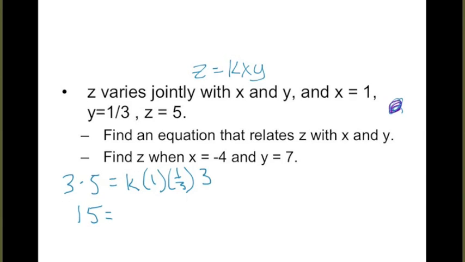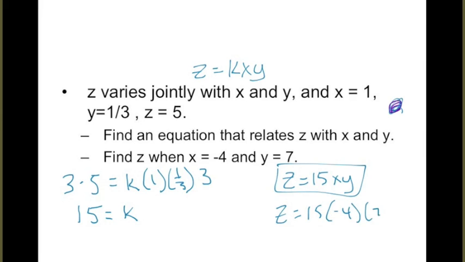And that gives me 15 is equal to 1k, or 15 is just equal to k. So then our equation is that z is equal to 15xy. And then we want to plug in our given values for x and y. And I get negative 420.